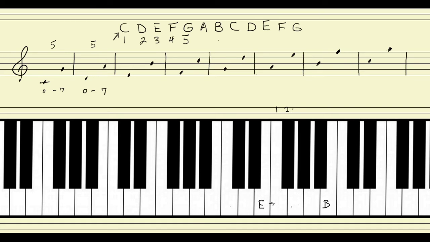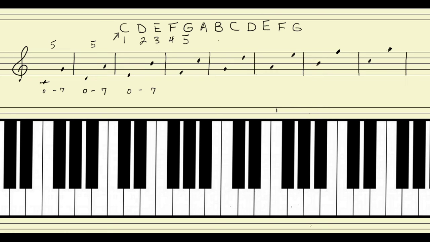F sharp to G is 3. G to G sharp is 4. G sharp to A is 5. A to A sharp is 6. And A sharp to B is 7. Look at this. Again, 0 to 7. And let me actually explicitly in the next one count 0 on our starting note, just so that we remember that.